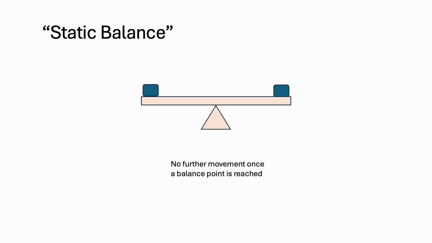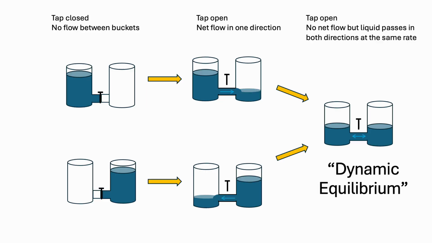Sometimes an equilibrium situation has been likened to a seesaw in balance, but this is a static balance and does not adequately describe a chemical equilibrium in which the forward and reverse reactions are still occurring, but now do so at the same rate. I think of an equilibrium as being rather like two buckets of liquid connected by a pipe.